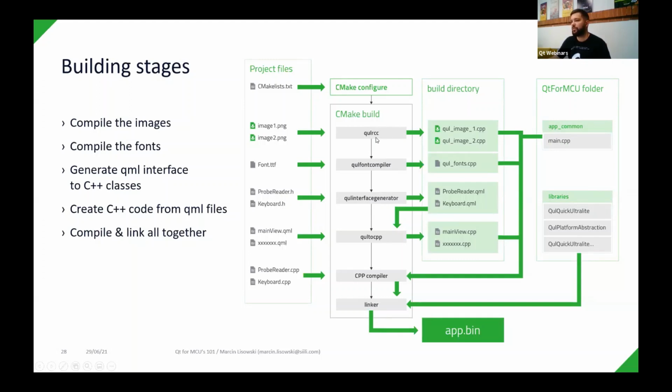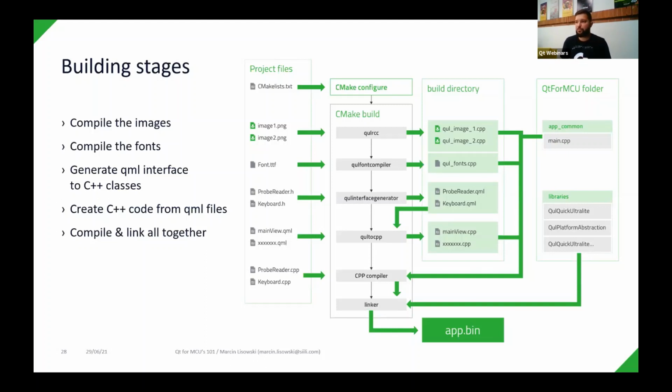What it will do with those assets is convert them to the binary form, to the bitmaps, or to the compressed formats known by Qt for MCUs, depending on your needs defined in the CMakeLists.txt. Those bitmaps will be just C++ files with normal arrays of bytes, which will then be added to the compilation.